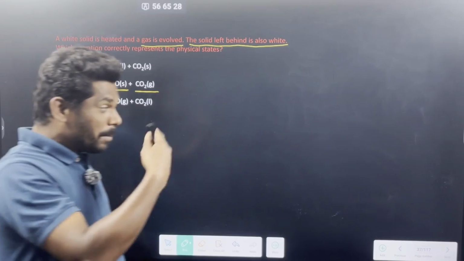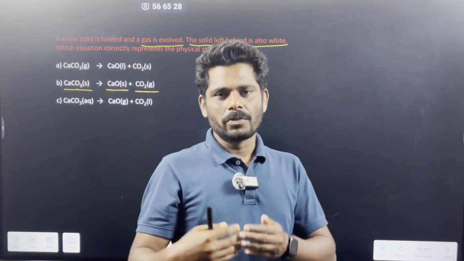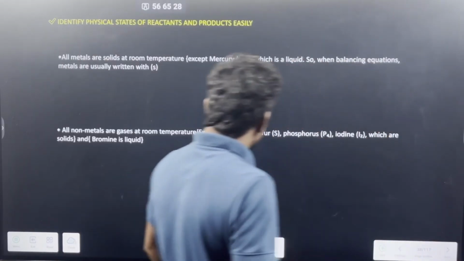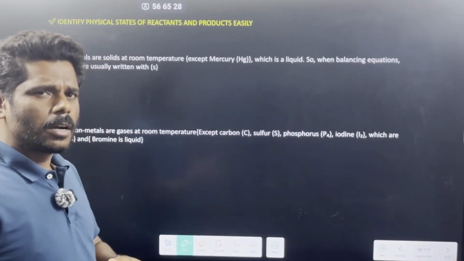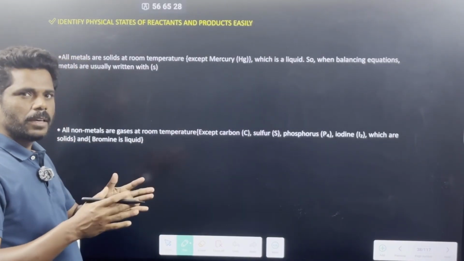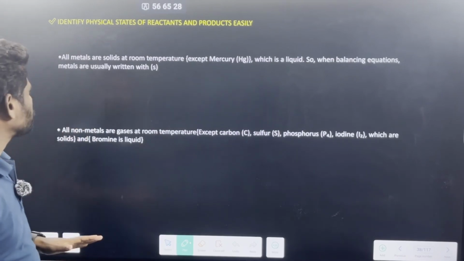Sir, how to remember these physical states of the reactants and products? I have brought a few shortcuts, some common points we need to remember to identify the physical states of the different reactants and products easily.